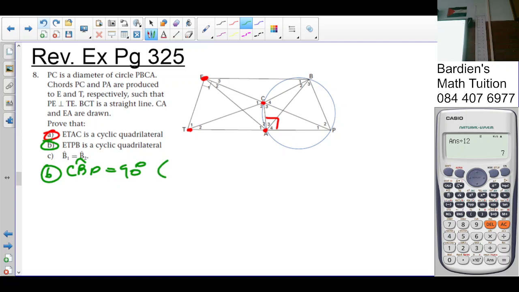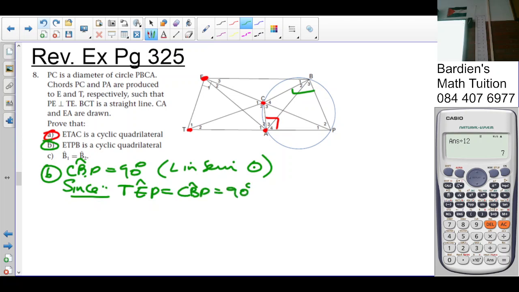Why? Angle in semicircle. So we say since TEP is equal to CBP, which is equal to 90 degrees, therefore ETPB is a cyclic quad.